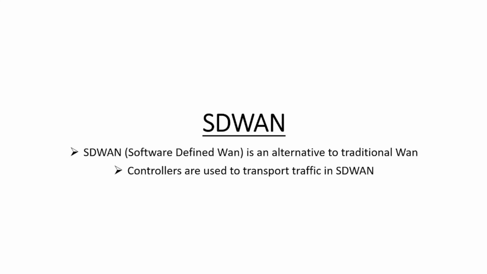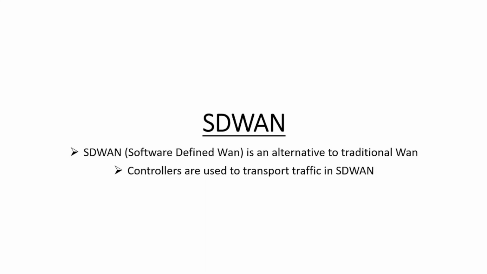Here we see controllers are used to transport traffic in SD-WAN. Previously we used to see that mainly VPN and MPLS type services were used to route traffic through the ISP. But now controllers are used to route the traffic through the WAN.